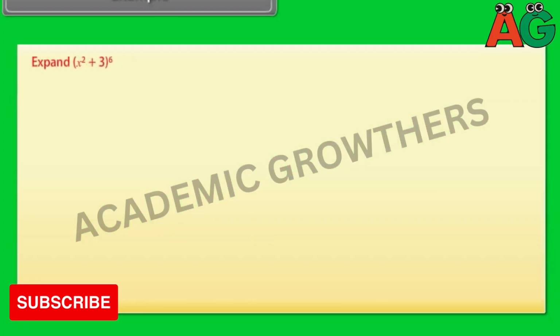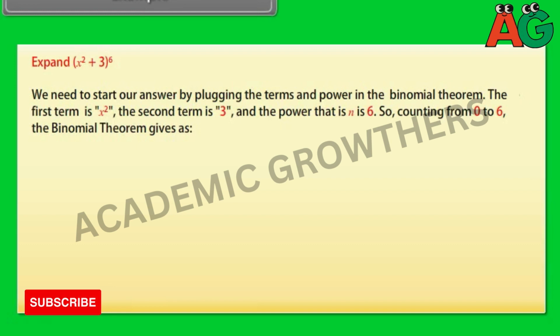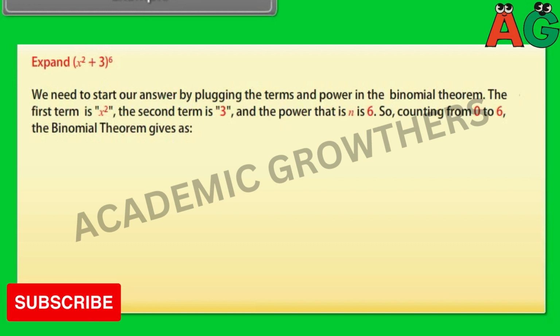Example: expand (x² + 3) raised to power 6. We need to start our answer by plugging the terms and power into the binomial theorem. The first term is x², the second term is 3, and the power, that is n, is 6.